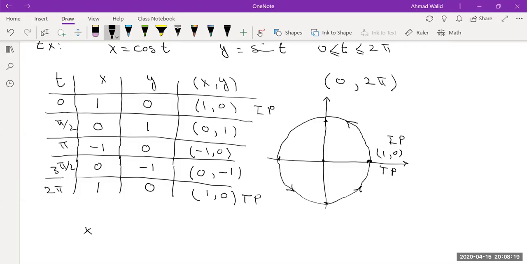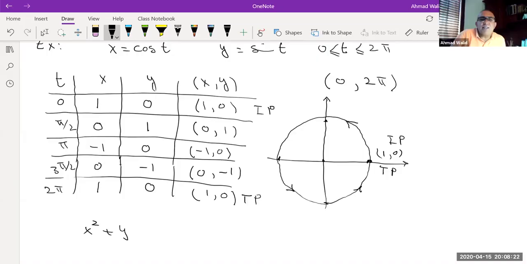X squared plus y squared equals 1, right? Because you see, cosine squared t plus sine squared t also gives you 1. Then immediately you can write an algebraic function, x squared plus y squared equals what? 1.